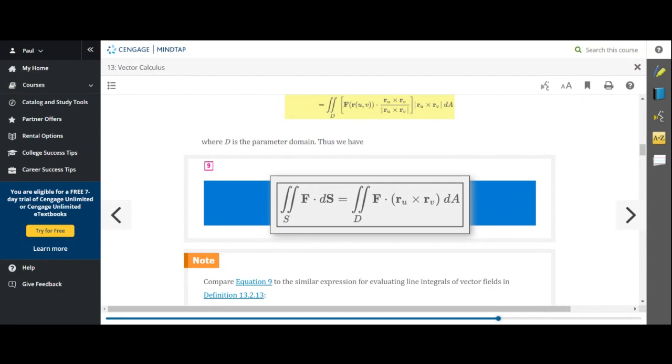All right, and now you know what a flux integral is. Are there any questions on that?